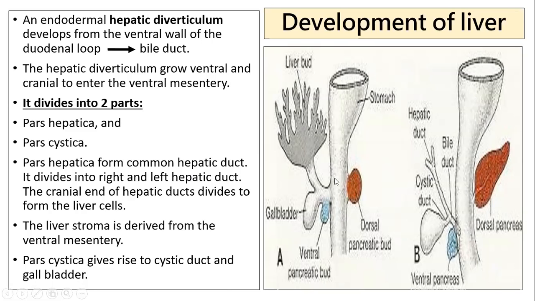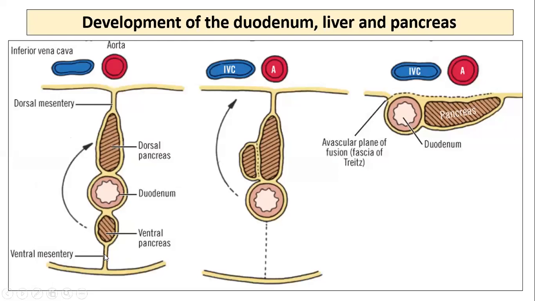Here it has grown into the common hepatic duct and the right and left hepatic ducts, and above will be the liver. The liver is not shown here, but it will develop above. The liver stroma is derived from the ventral mesentery. As I said, the liver bud develops from the ventral mesentery in the front.